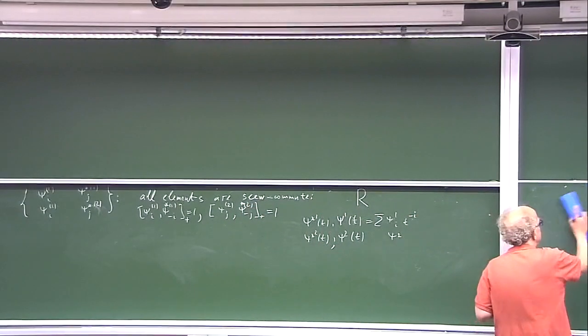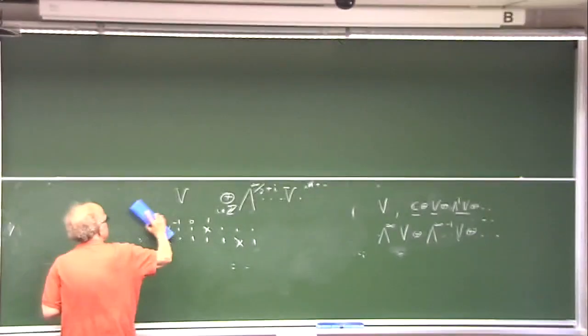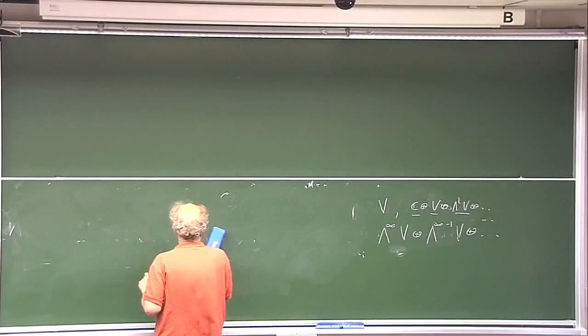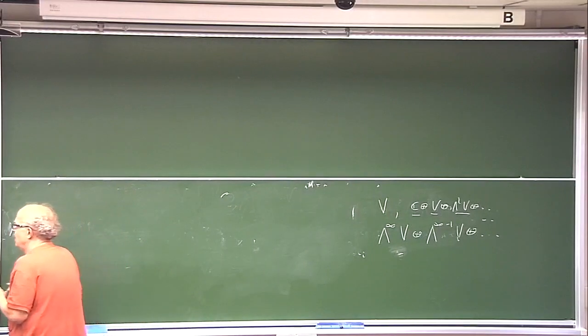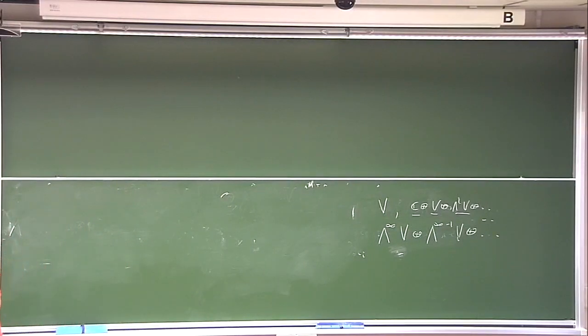now in this bigger space what can I do? Well, it will be a vertex operator algebra, so it means that the correlation function of the product of such kind of operators, the matrix element, will be a rational function.